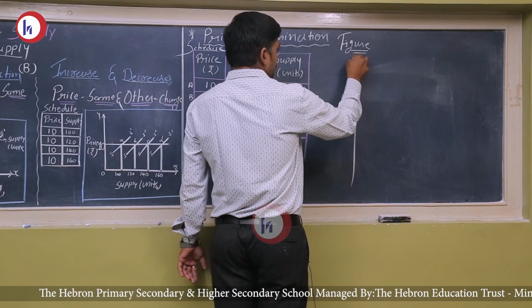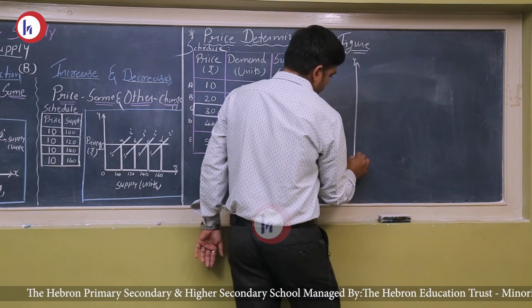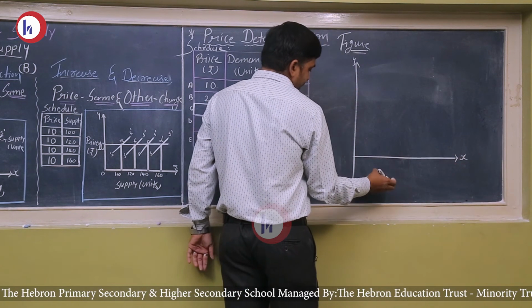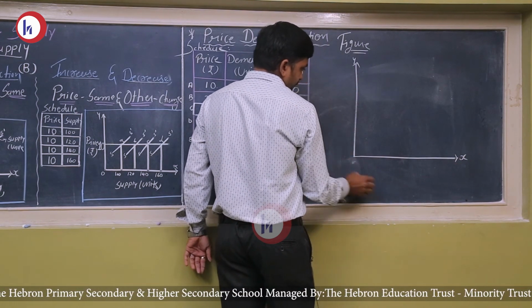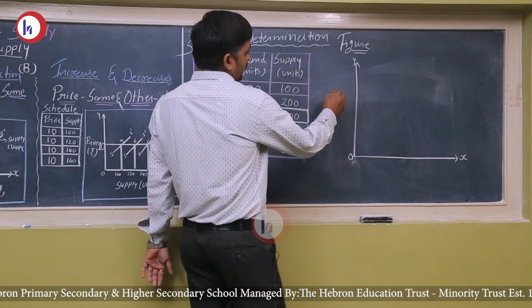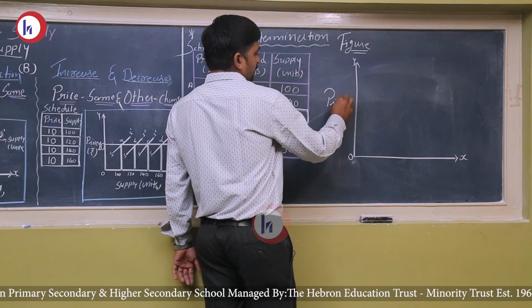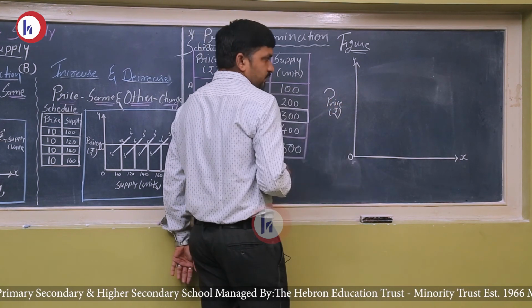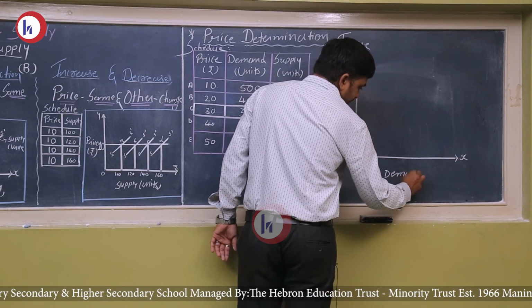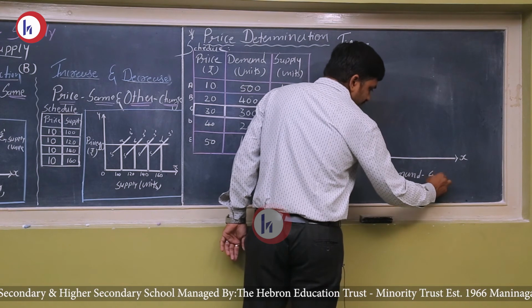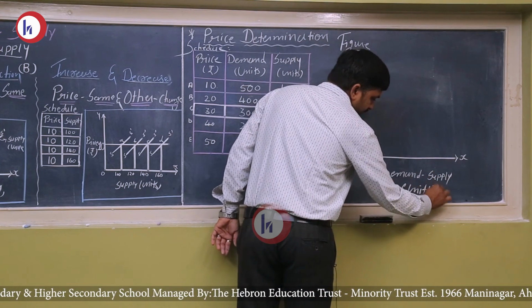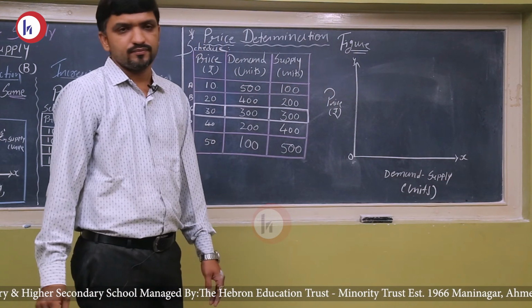Let it be Y, let it be X, and let it be 0. On the y-axis, as we all know, price in rupees. On the x-axis, we are going to present both demand and supply, and demand and supply both are in units.